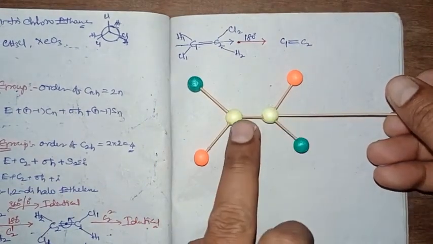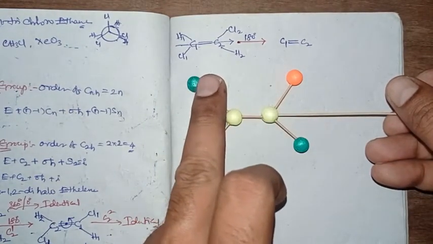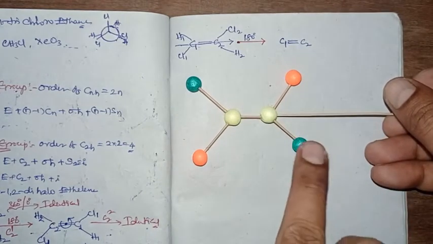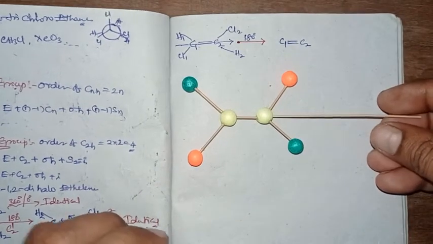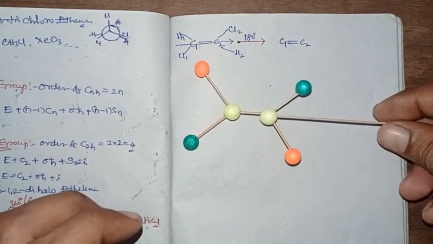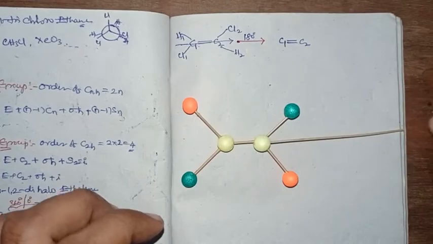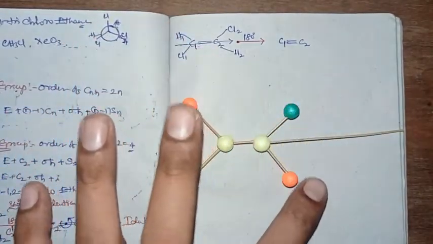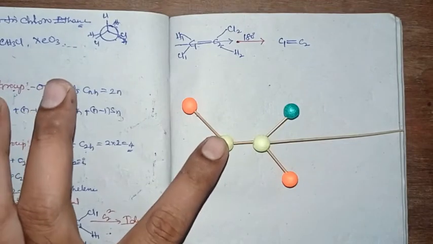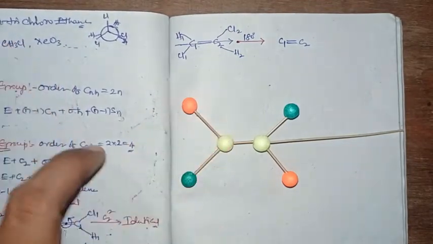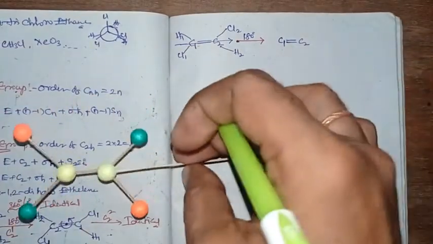Initially, on carbon 1 we have hydrogen on top and chlorine down. On carbon 2, chlorine on top and hydrogen downward. After doing the 180 degree rotation, the carbon 2 elements, hydrogen and chlorine, replace each other, and the carbon 1 hydrogen and chlorine exchange positions, right?